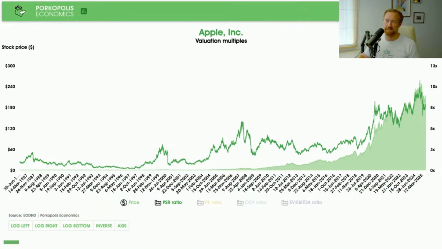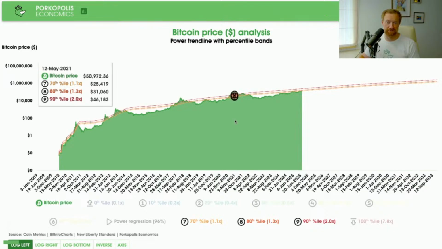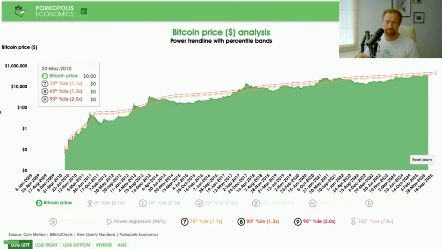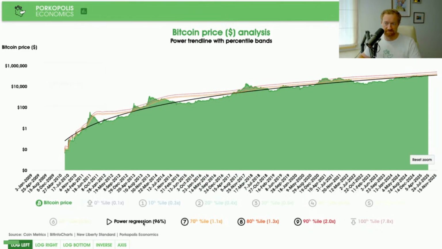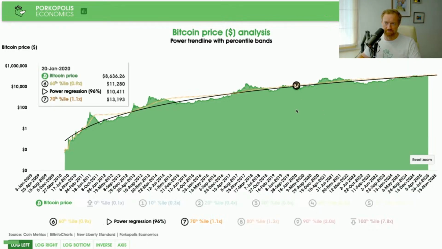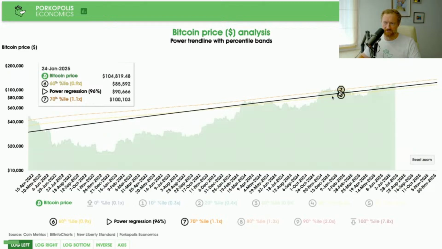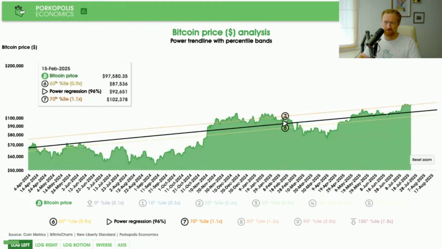I would say, this is a measurement of relative risk. Two thirds of the time, the price is under the trend, right? So these are the percentiles around the trend at the moment.